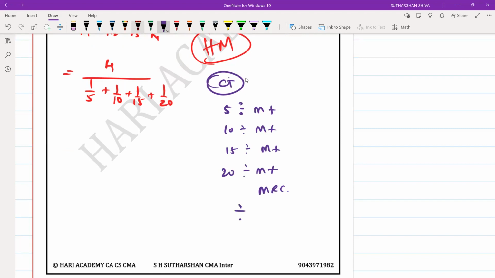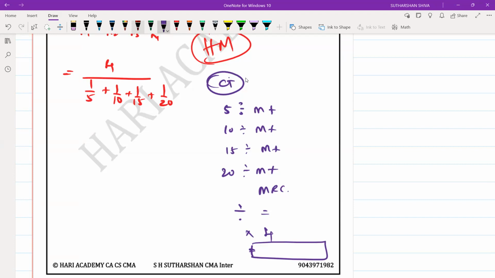Now give me a final value. Now you become a legend. So 5 divided by m equals, 10 divided by m equals, 15 divided by m equals, 20 divided by m equals.